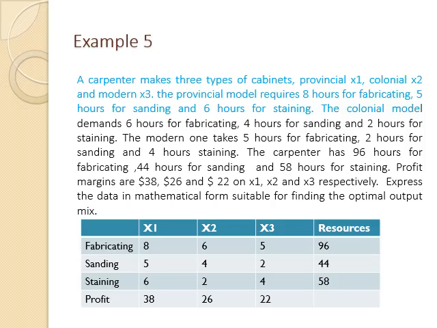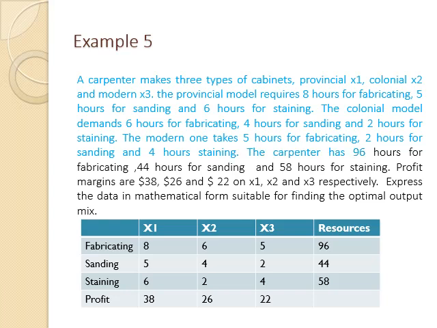The colonial model demands 6 hours for fabricating, 4 hours for sanding, and 2 hours for staining. The modern one takes 5 hours for fabricating, 2 hours for sanding, and 4 hours for staining.